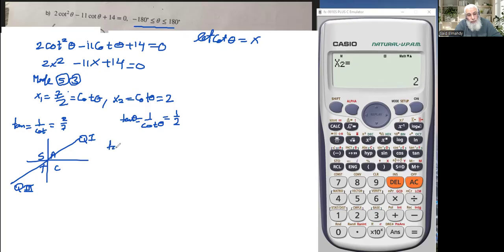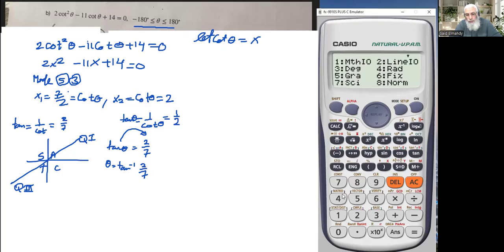So when tan theta equals 2/7, move tan to the other side, so theta equals inverse tan 2/7, and this is equal to what? We make the mode degree, which is mode 3 and mode 1, inverse tan 2/7.